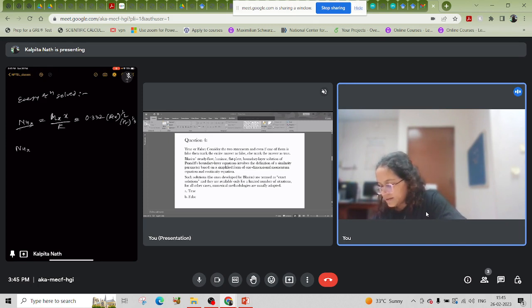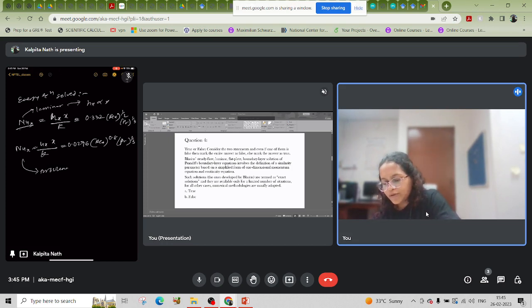And another is 0.0296 Reynolds number to the power 0.8, Prandtl number to the power 1 by 3. This is for turbulent, this is for laminar. So for laminar, h_x is proportional to x to the power minus 0.5, and for turbulent, h_x is proportional to x to the power minus 0.2. And from here, he also got delta by delta_t is equal to Prandtl number to the power 1 by 3.